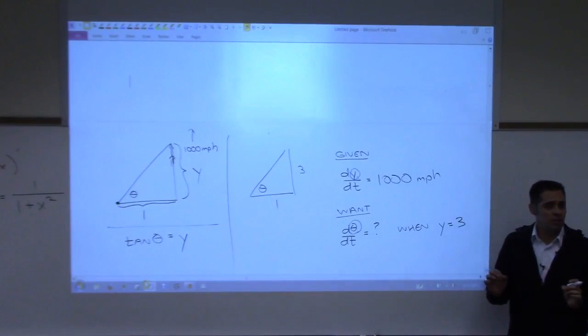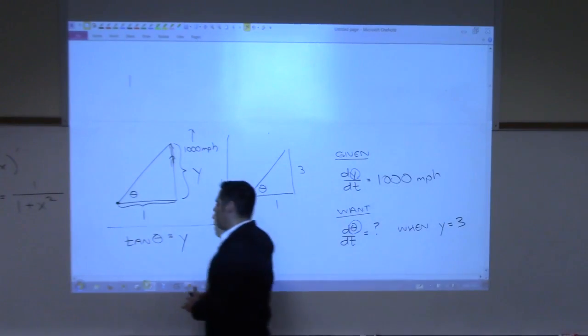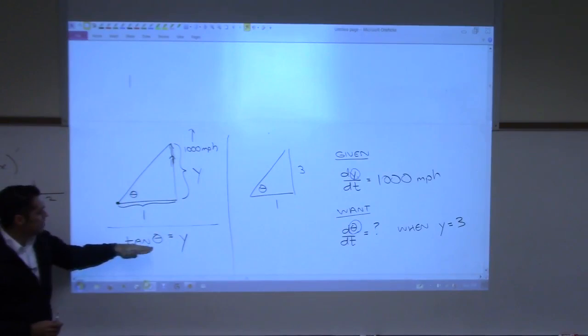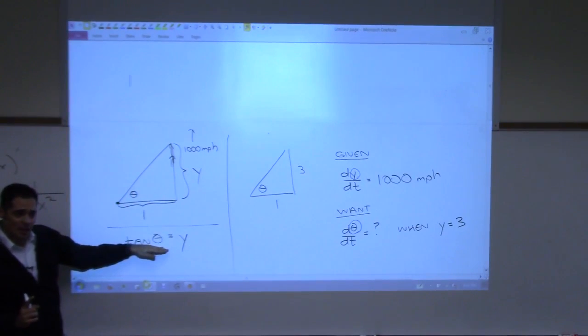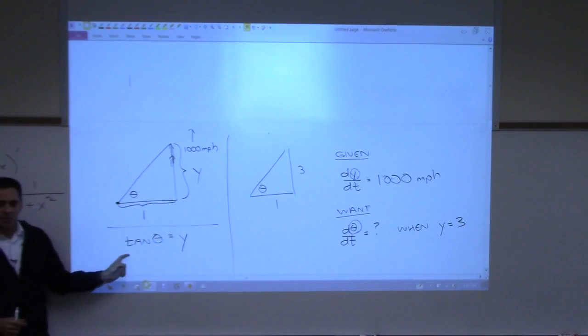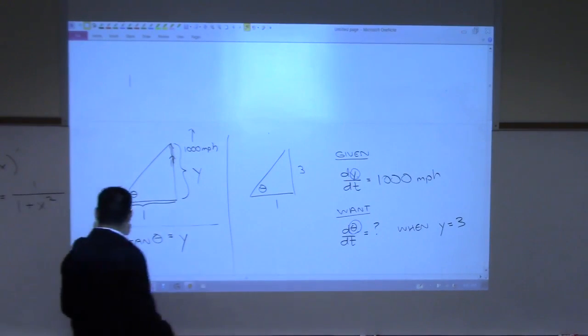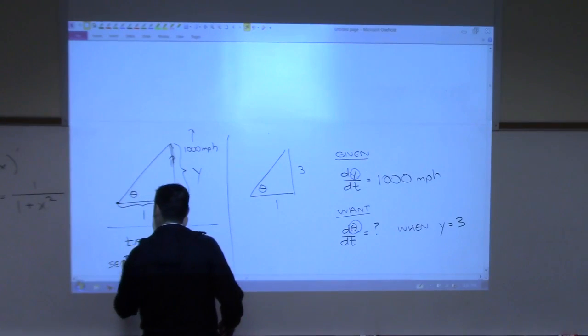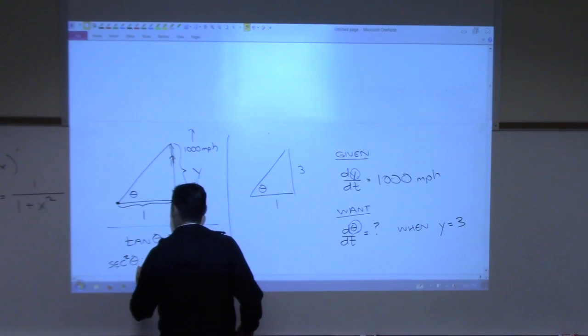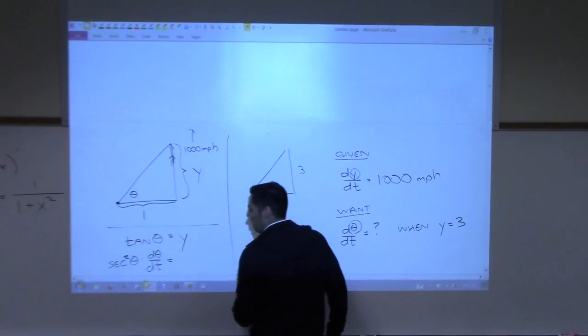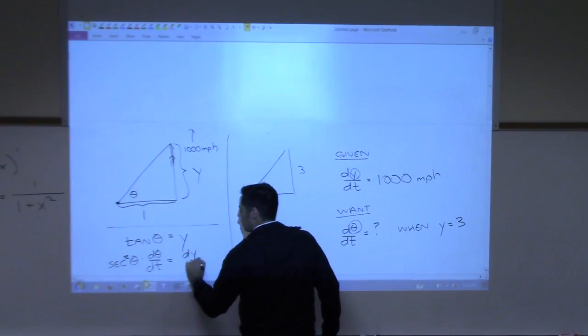We have an equation. If I take the derivative, what would be the derivative of tangent theta with respect to time? Secant squared theta d theta dt. That would be the derivative of the left side. The right side? dy dt.